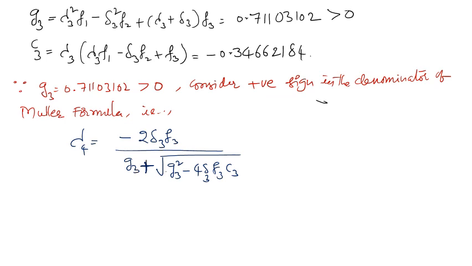Why are we considering positive value? The denominator of this Muller's formula gives minimum value for lambda. When denominator is more, obviously lambda 4 is very less. So this is equal to minus 0.19207436 by 1.51023027.